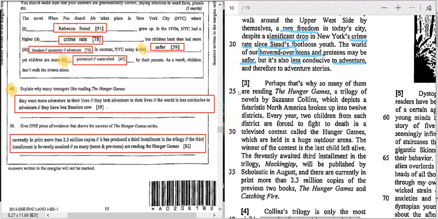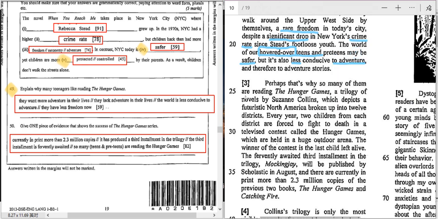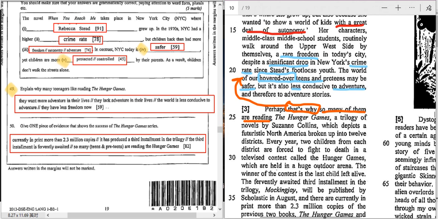Interestingly, the third paragraph, paragraph 3, starts off with a statement saying that so many of them are reading. What's the reason? Well, we find the connection there. That's why, but where can the reason be found? Well, actually it points back to the previous paragraph, paragraph 2.